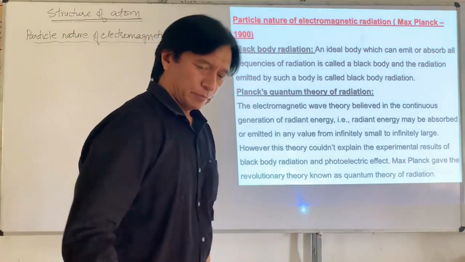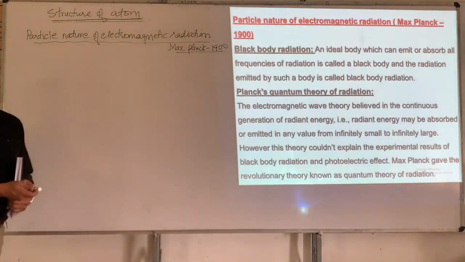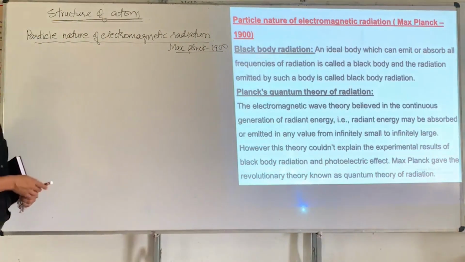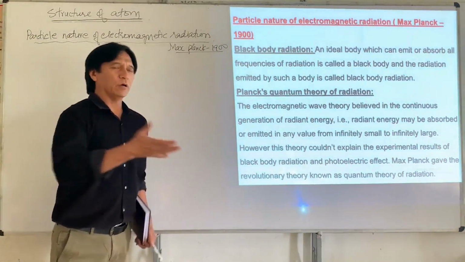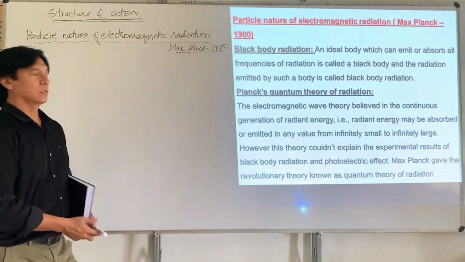Now, with regard to the black body radiation, as I explained just now, what is seen is at a given temperature, like you can think of the iron rod as it is heated, where the temperature is kept constant.